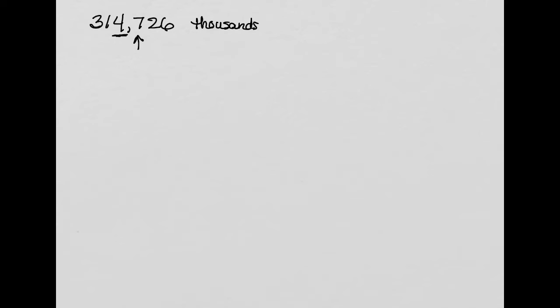Okay, so if I were to put this on a number line, and I'm going to simplify the number line a little bit, and I had 314,000 on this side, and on this other side, see, I start at 314,000, and then I have 726 more. So I'm going to be going over this way farther, right?